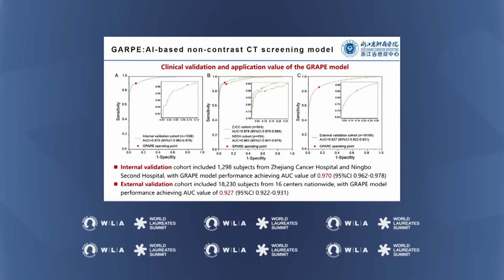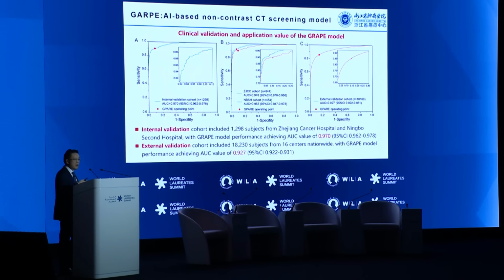The internal validation cohort included over 1,000 subjects from 2 centers in China. The GRAB model achieved an AUC value of 0.97. In the external validation cohort, which included over 18,000 subjects from 16 centers in China, the GRAB model achieved an AUC value of 0.927.